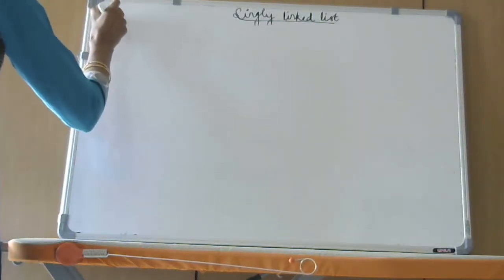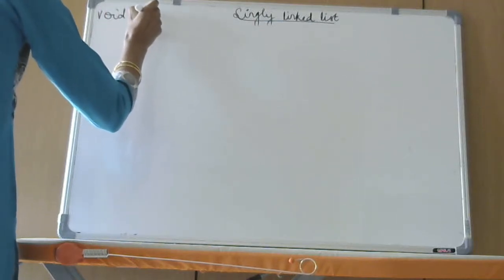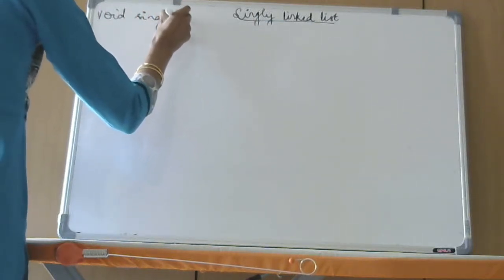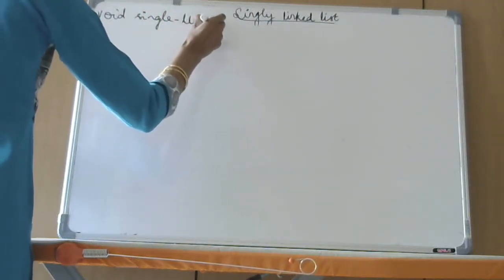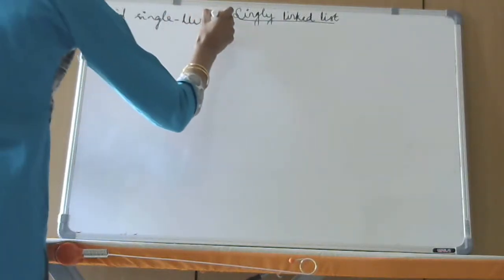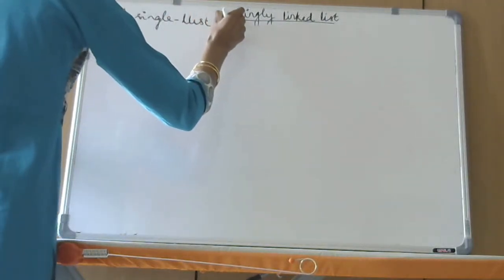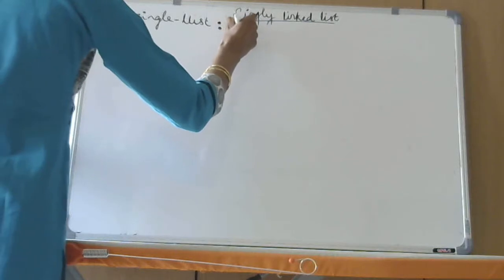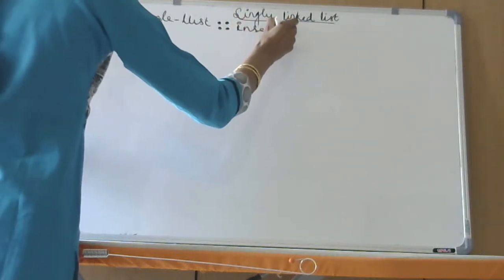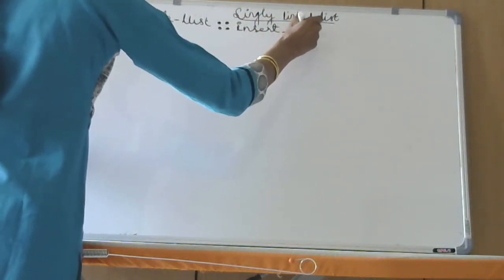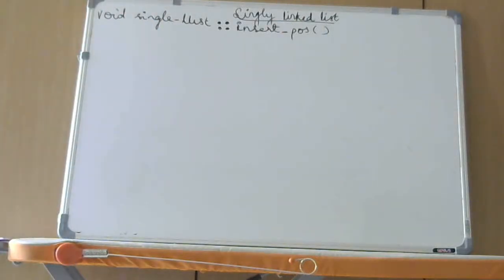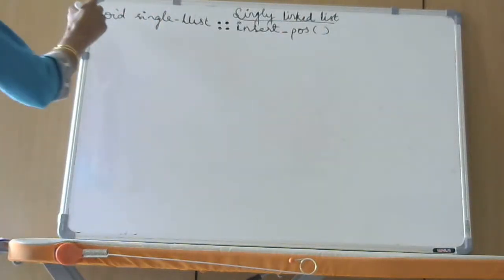So we have taken a class called single linked list. Now how do I insert? I will use a scope resolution operator. Insert, I am starting with insert at a position.